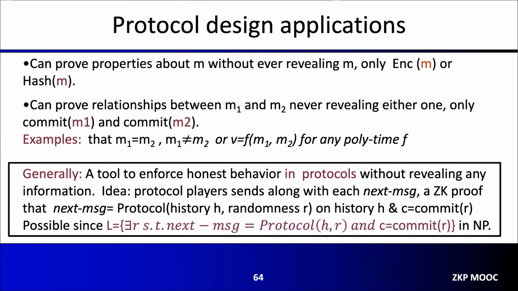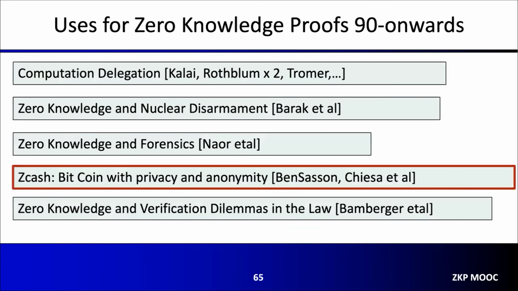If you think about the language: there exists some randomness R such that the next message is equal to the protocol on the history of communication and R, and in fact, R has been committed to. That's an NP statement. Again, that's a mouthful. I advise you to mull over this, but it is an amazingly powerful tool.